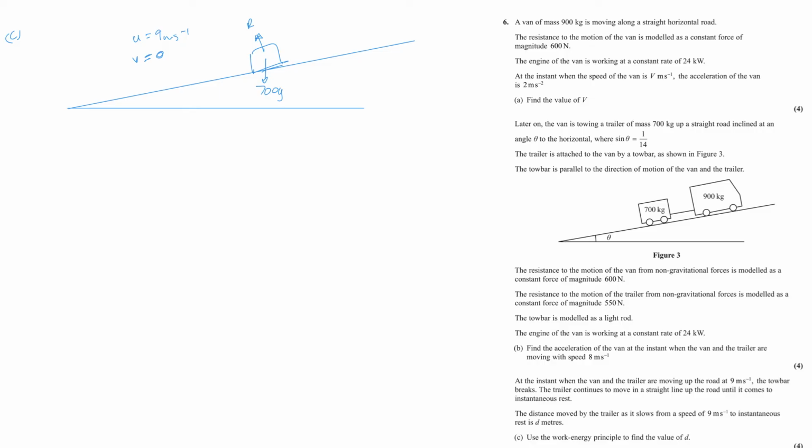Now this should still have a force of 550 newtons, and when I split this up, this is still theta, so it's going to be 700G sine theta going in that direction, and 700G cos theta in that direction.